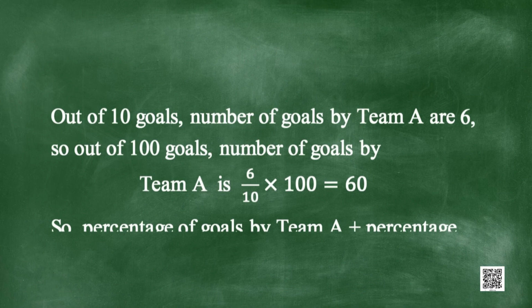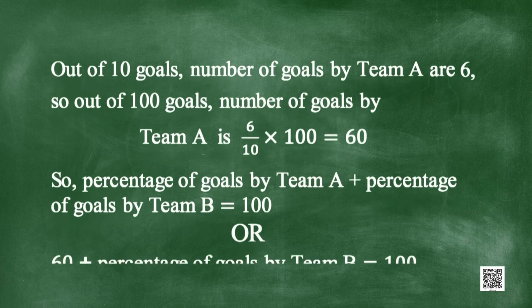And in fact, we can also find the percentage by using another method called the unitary method. So let's try to find the same percentage using the unitary method. Out of 10 goals, the number of goals by team A is 6. So out of 100 goals, the number of goals by team A is equal to 6/10 multiplied with 100, which is equal to 60.